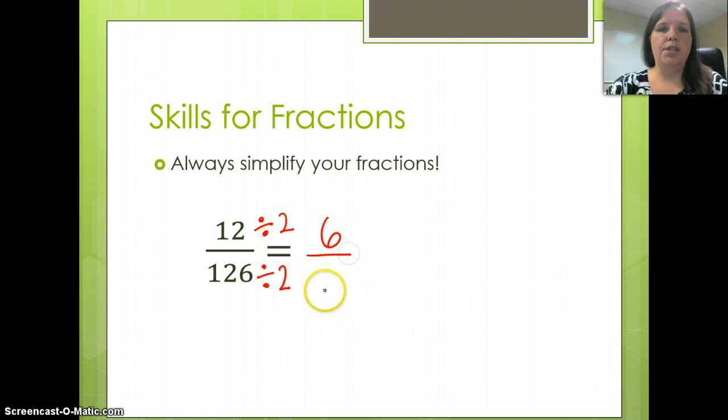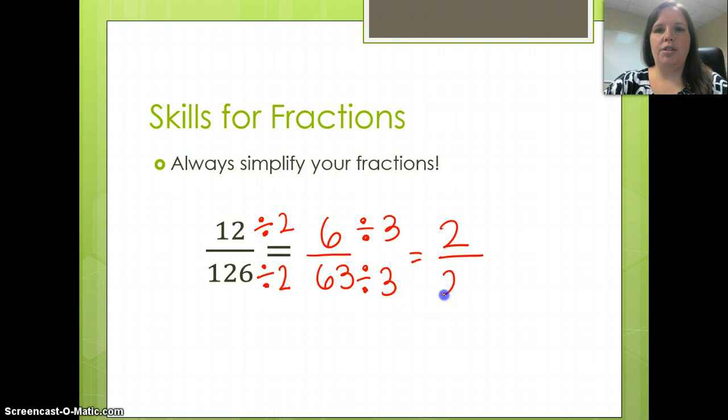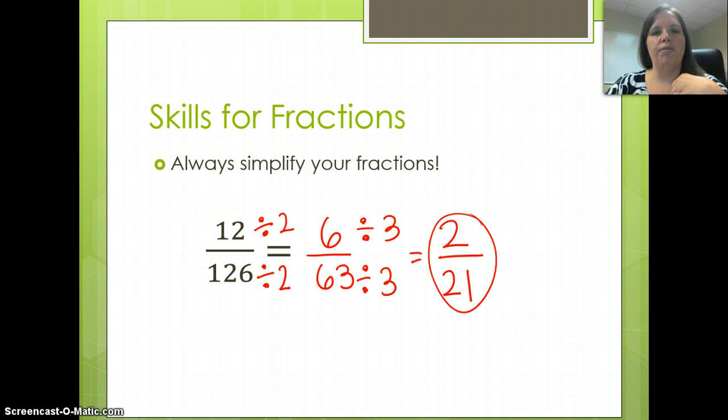So 12 divided by 2 is 6. 126 divided by 2 is 63. Okay, is there still something that divides both of them? Well, how about 3? So 6 divided by 3 is 2, and 63 divided by 3 is 21. So simplifying fractions and changing between mixed numbers and improper fractions, those are the skills you're going to need.